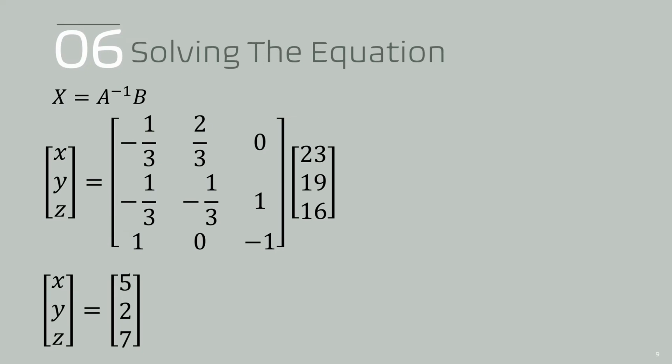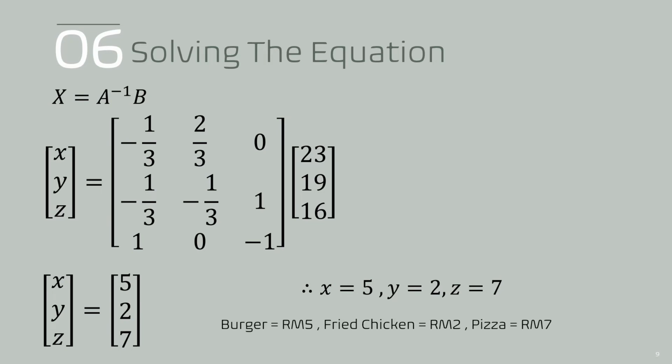So we can get the unknowns, which are x equals 5, y equals 2, and z equals 7. So burger is 5 ringgit, fried chicken is 2 ringgit, and pizza is 7 ringgit. So that's one of the ways we can solve the question just now by using the adjoint method.